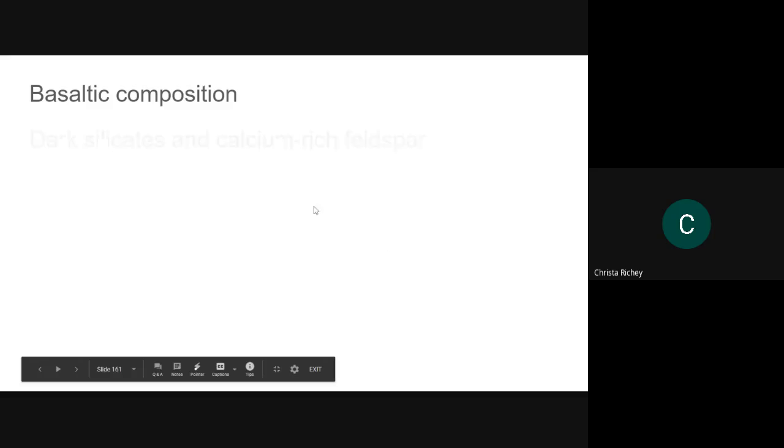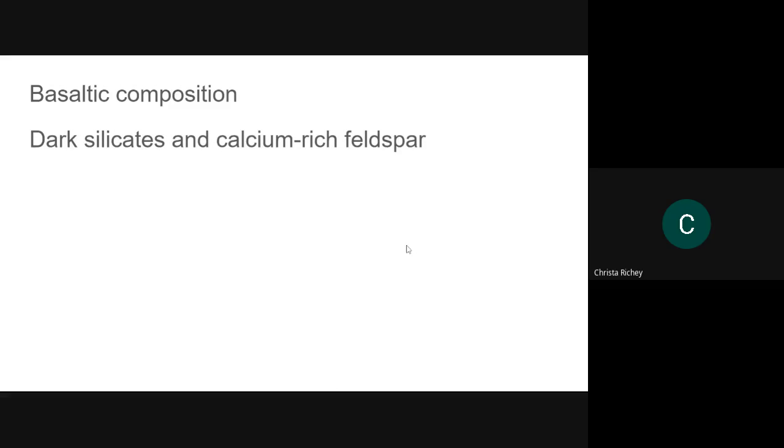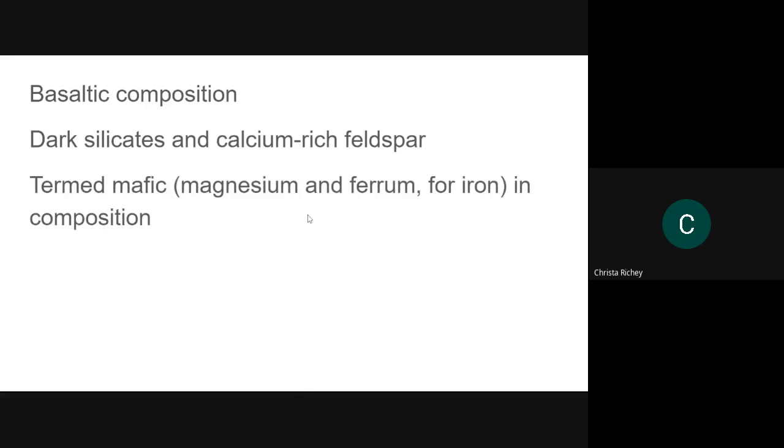Okay, basaltic, the other major component, it's much darker, is going to have a lot more iron. That's what the ferromagnesian, ferrum for iron, and the magnesium from the magnesian part. They literally smushed them together too. So it's called mafic.